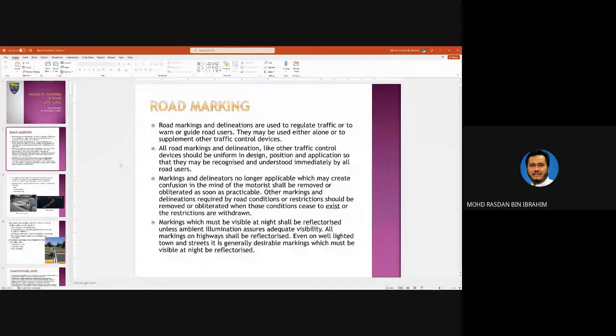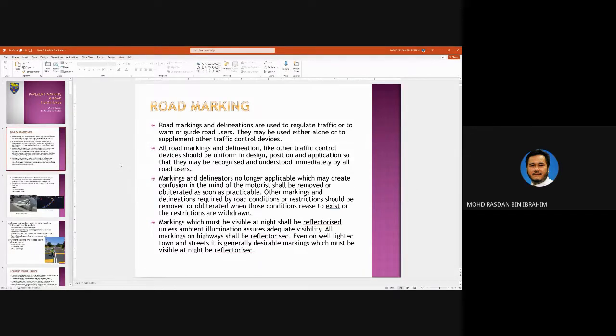The position and application should be easy for road users to recognize and understood by all road users. This is being taught by JPJ when you are taking your license. You are taught the meanings of the signboards and also road markings.